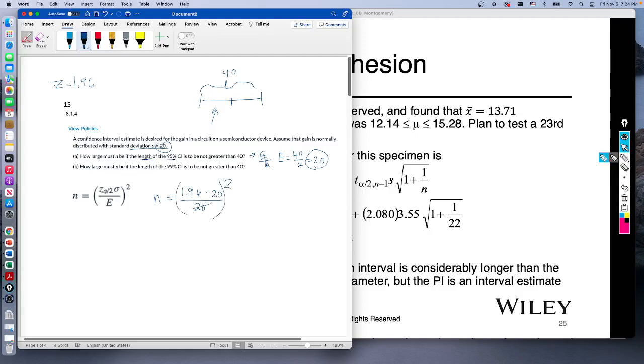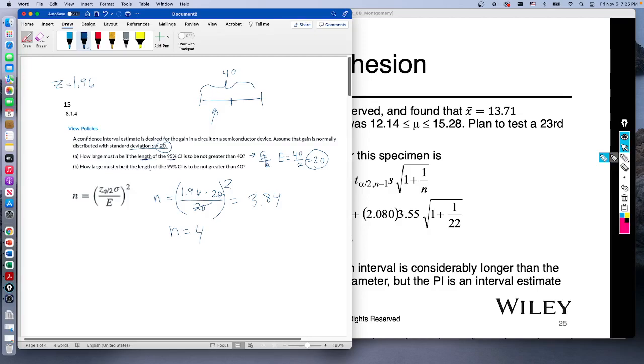So the 20 and 20 cancel. 1.96 squared is 3.84. Close enough, and you want to round it up because we need a sample size. So that's 4.